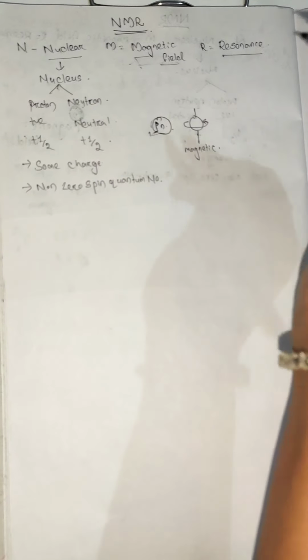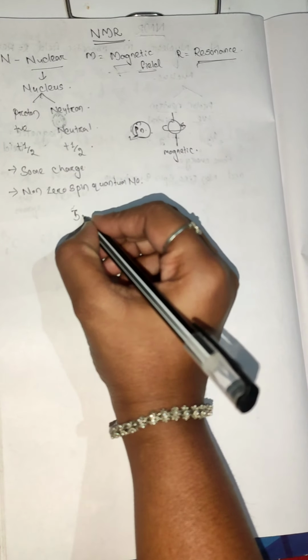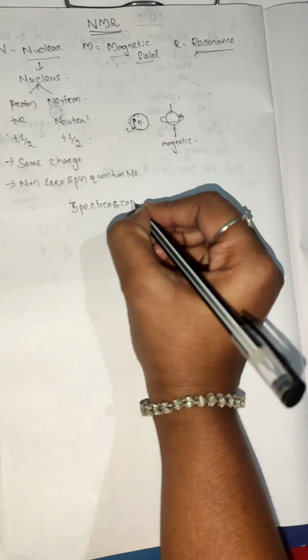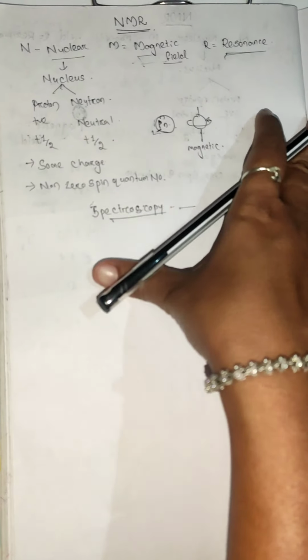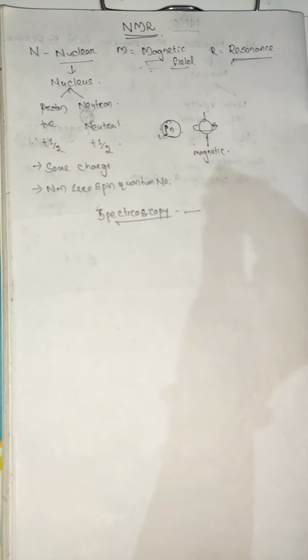And the whole study is known as spectroscopy, meaning the study of this whole spectrum or technique is measured by spectroscopy. Hence it is known as NMR spectroscopy.